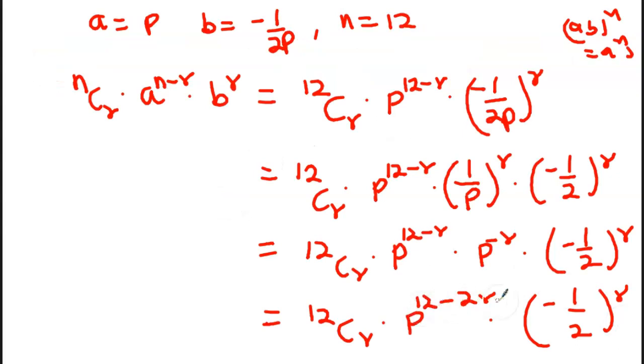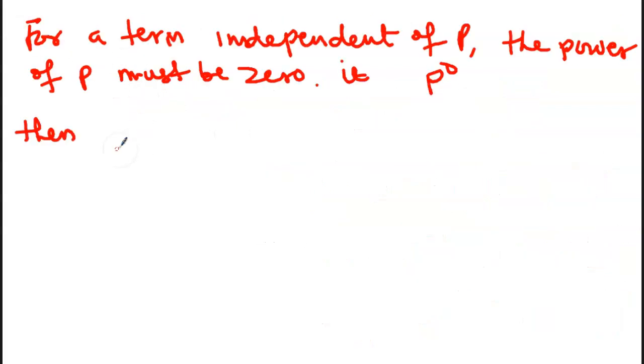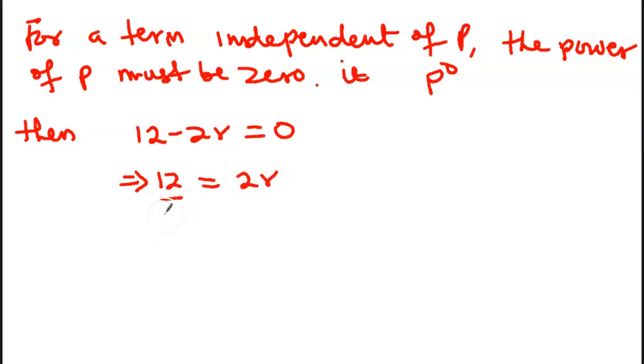Equate this exponent to 0 to find the r. So then 12 minus 2r is equal to 0, which implies that 12 is equal to 2r. So we divide both sides by 2 to find our r. So here 6. So r is equal to 6.